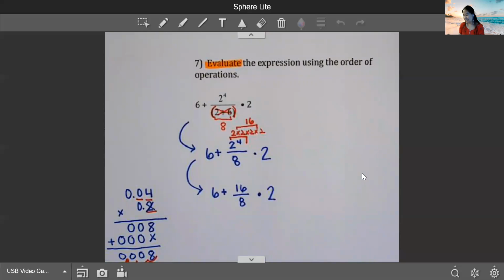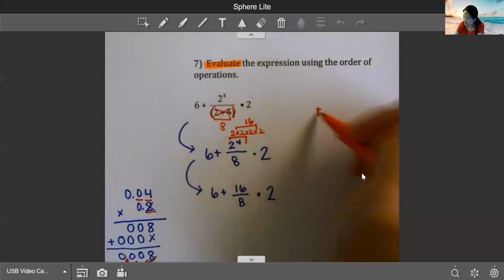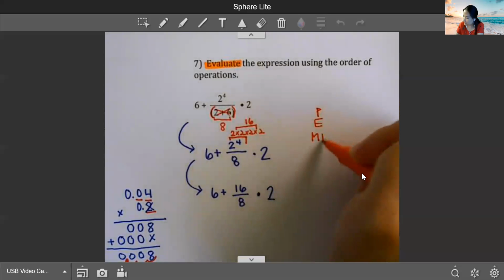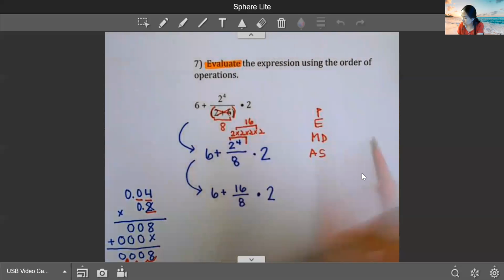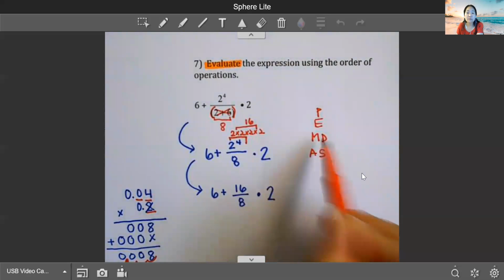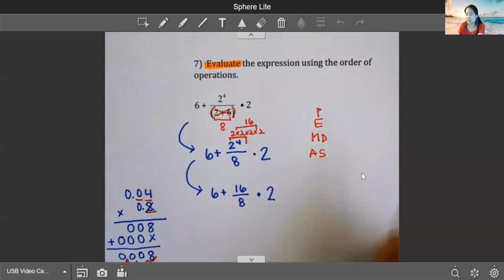All right, so now I have addition, division, and multiplication. I'm going to divide first because according to my PEMDAS, if you have multiplication or division, you need to go from left to right, whichever one comes first.